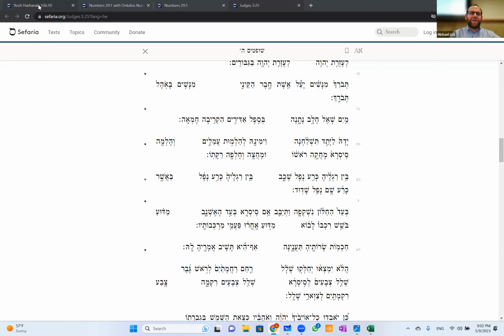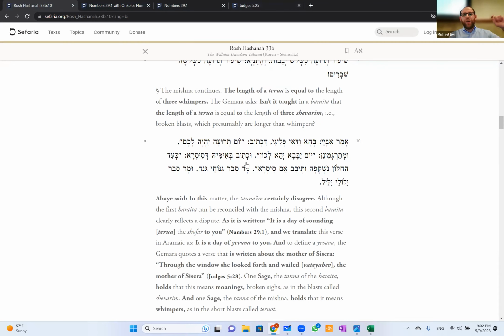So now you see where the Gemara is making this connection. It says by the mother of Sisera, she's sitting by the window, waiting for her son, and she is doing a yevava. What is a yevava? One says she's sighing like, "Ay," like that. The other one says that she's whimpering like that.